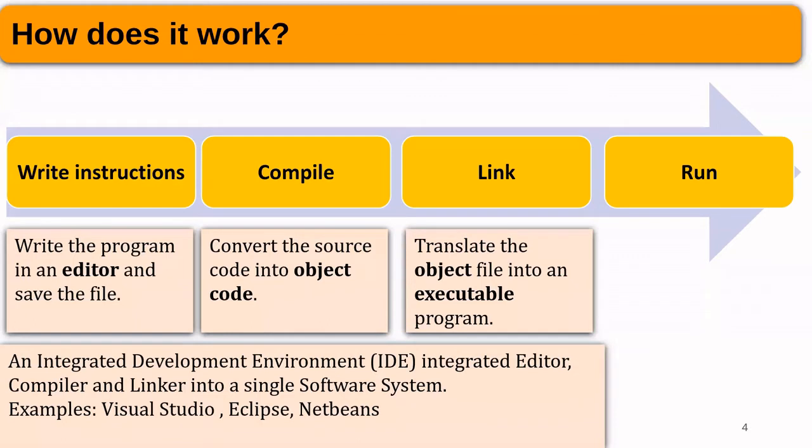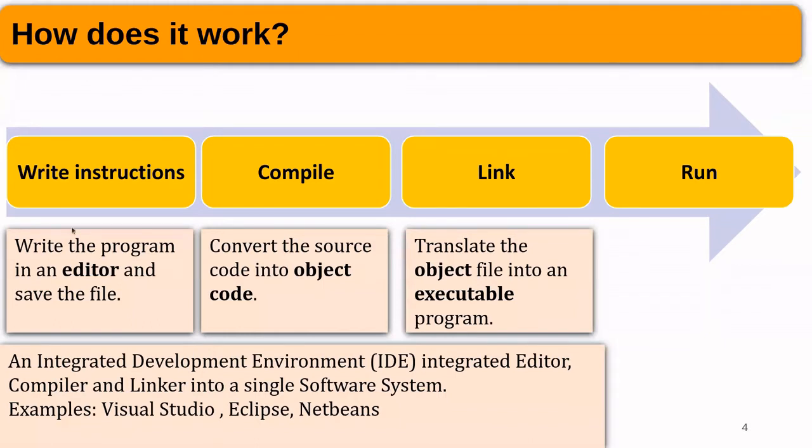A compiler converts the whole program to machine code. Machine code means ones and zeros. Python includes both a compiler and an interpreter.